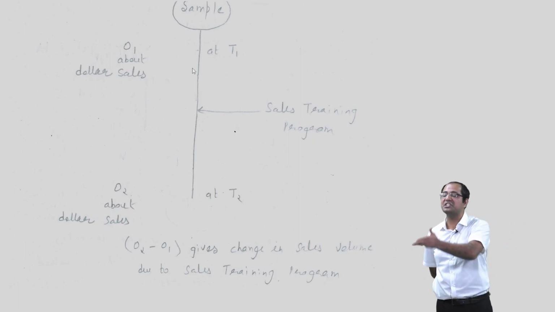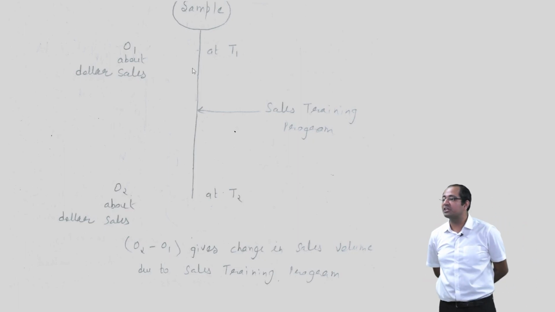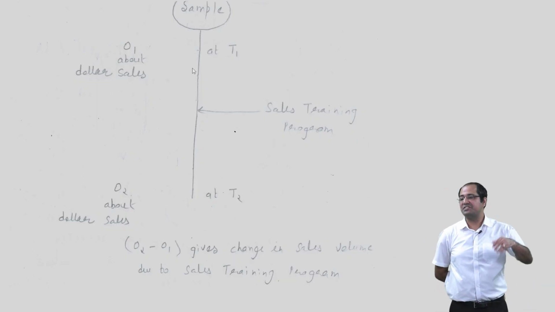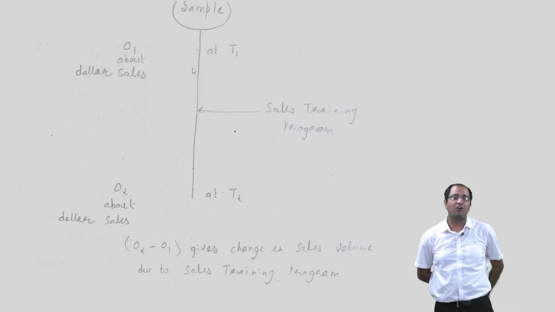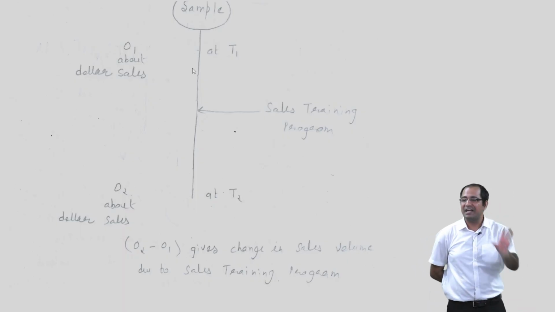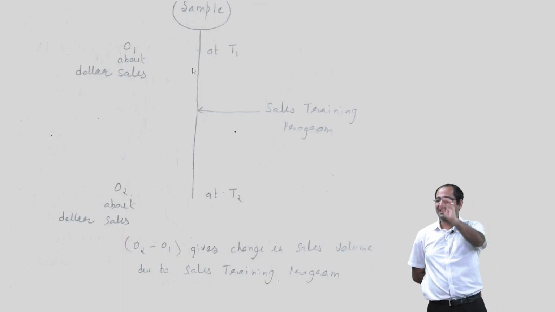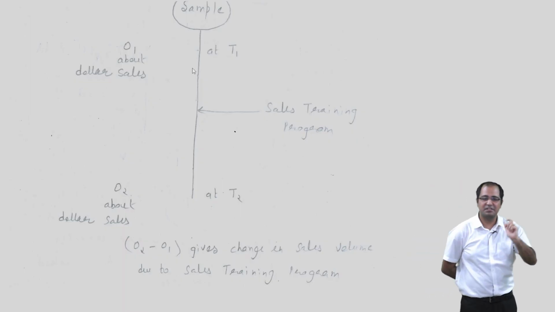Any such event which could confound the effect of X on Y is put under the history class of extraneous variables.